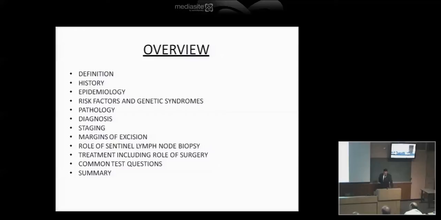This will be followed by how we diagnose and stage melanoma, and then the important surgical concepts, including margins of excision, role of sentinel lymph node biopsy, and treatment options, including surgery for patients not just with melanoma stage 1, but also with advanced melanoma. Before I summarize the talk, I will go through a couple of common test questions as well as a board scenario for the PGY5s.